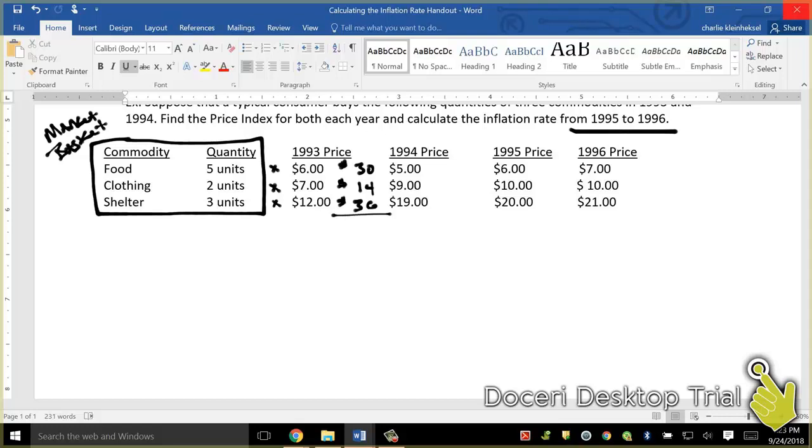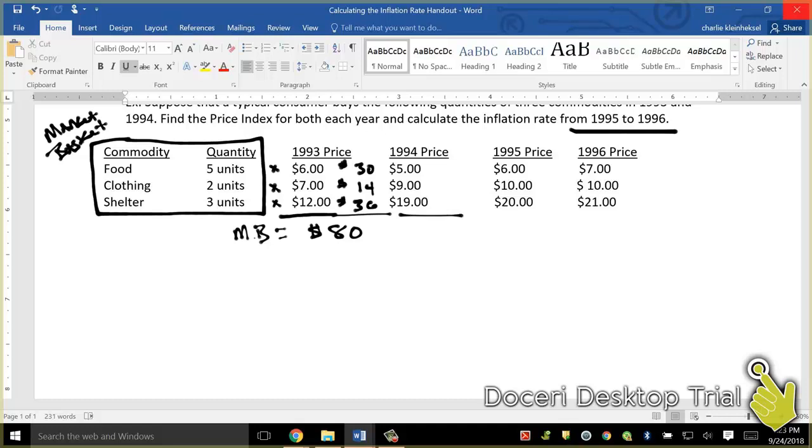So I add that all together, and the market basket value for 1993 is going to be $80. And we'll put over here, this is MB for market basket, $80. Now I'm going to do the same thing for 94, 95, and 96. Same quantity, just different price. And I'm going to give you what those values are.